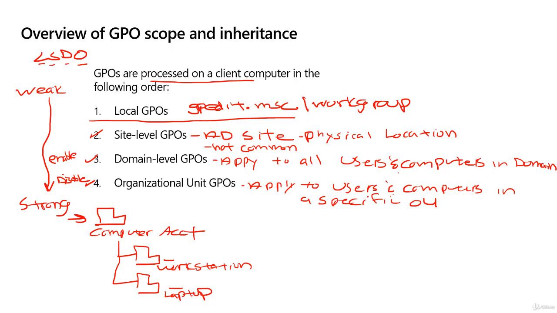The OU level would win, and that setting would actually be disabled. The OU policy would actually override the domain policy. So the further you go down the list, the more powerful the policies actually get. Local is the weakest, then site trumps local, domain trumps site and local, and OU trumps every policy in the list by default.